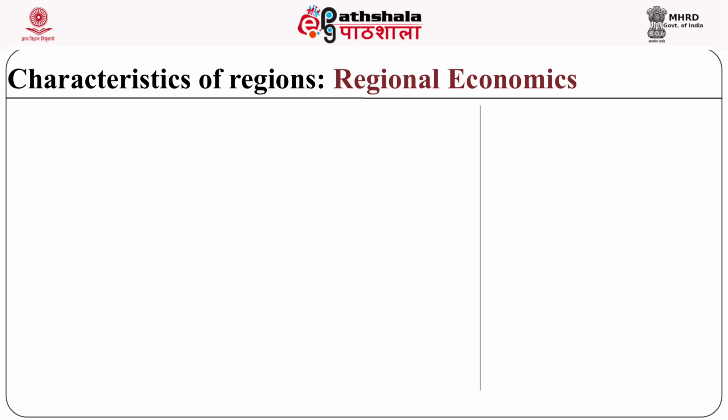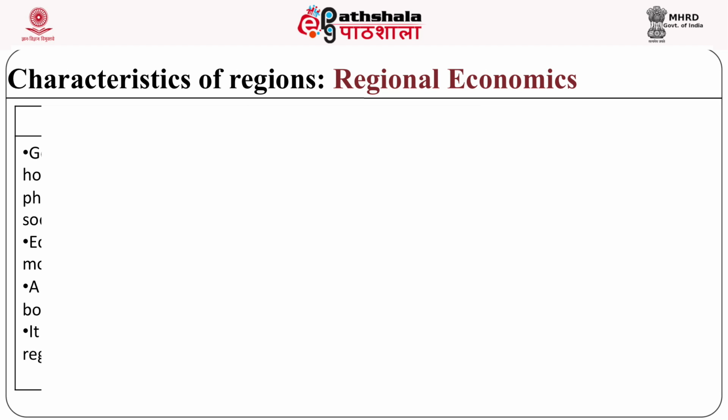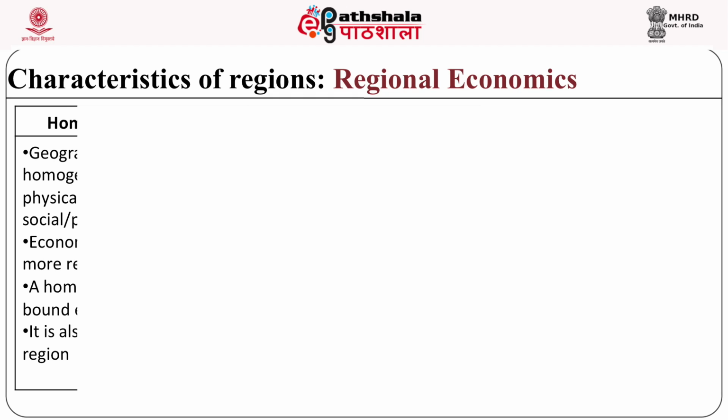So the first is the formal region. How do we define a formal region? A formal region is similar, that means it is homogeneous based on various characteristics. It can be geophysical similarity, similarity in economic characteristics, or in social and political characteristics.